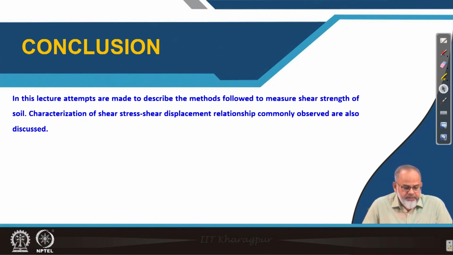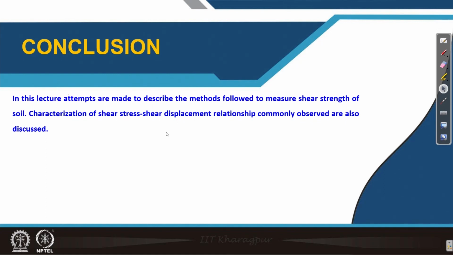That will help you in characterizing the shear stress, shear displacement relationship, and this relationship can be utilized to find out the shear stress values, which will be utilized later on for measuring the strength of soil as well as for developing the tractive effort.